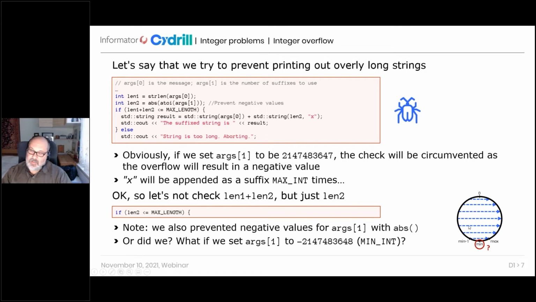As I said, the absolute value function is in trouble, and it will just return you a negative value, and you will actually have to prepare your code for this. Whenever you call the abs function, you have to either check whether the input is exactly minint, because if it is, it will not work as intended, or check the output to see whether it's a negative value.